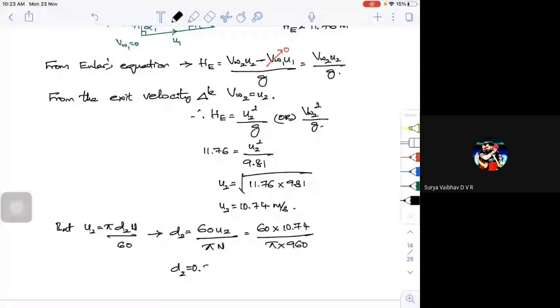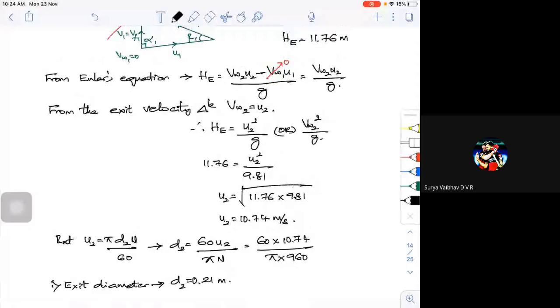If I substitute everything, I am getting my D2 as 0.21 meters. So this is the first parameter, the diameter at the exit, D2, which is 0.21.